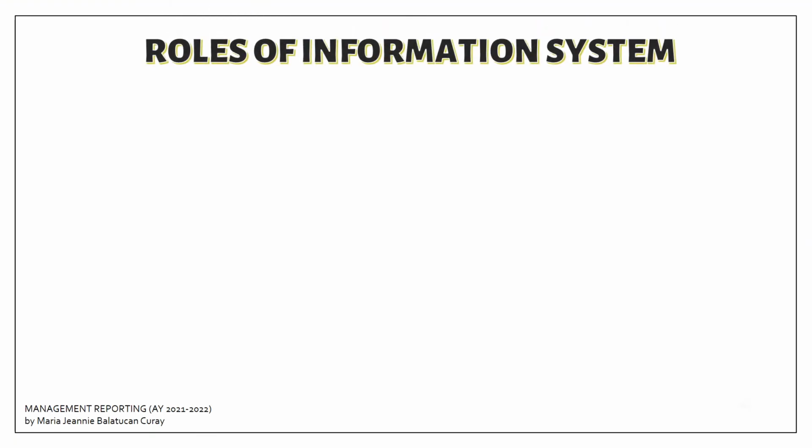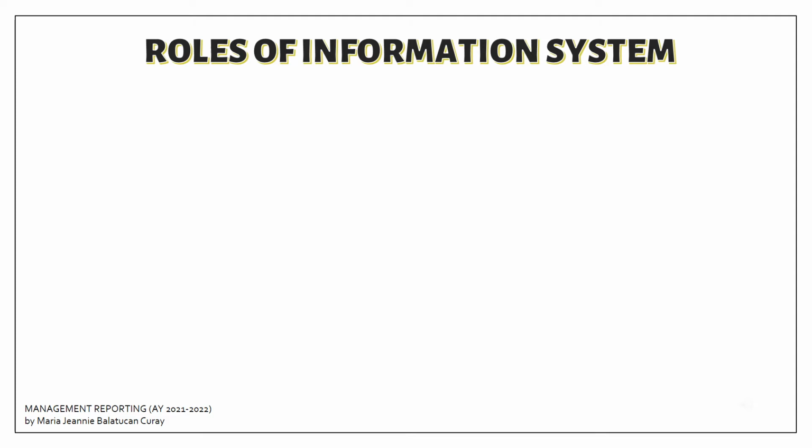Now that we have explored the different components of information systems, we would like to turn our attention to the role that information systems play in an organization. So far, we have looked at what the components of an information system are, but what do these components actually do for the organization?